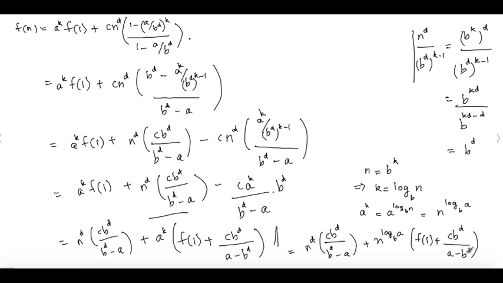Now the question is about a less than b^d, which means that log_b of a will be less than log_b of b^d, which means log_b a is less than d. So this means that n to the power of log_b a is less than n to the power of d.